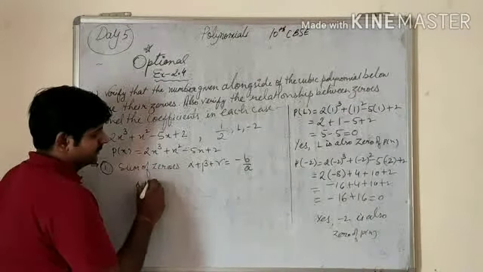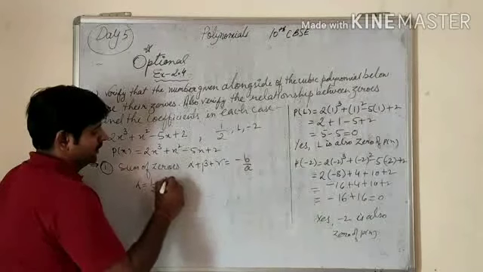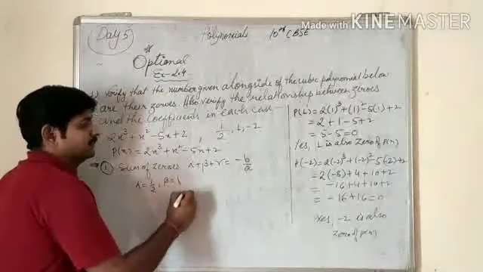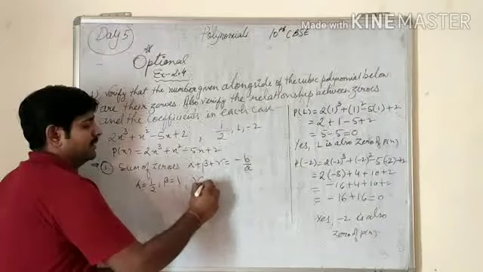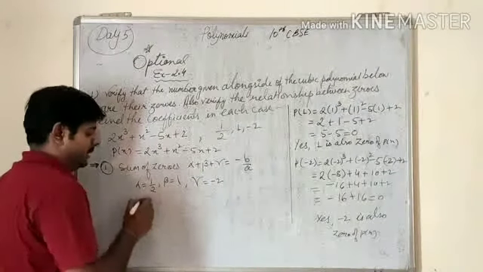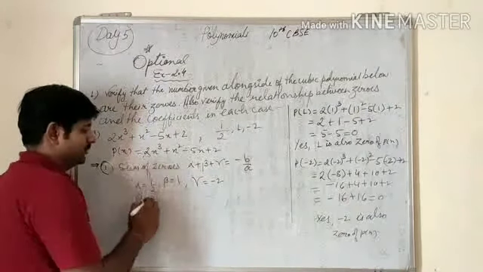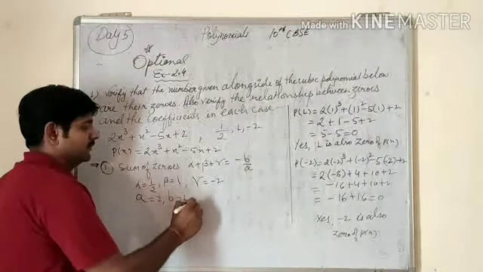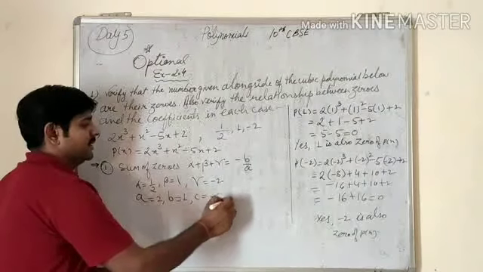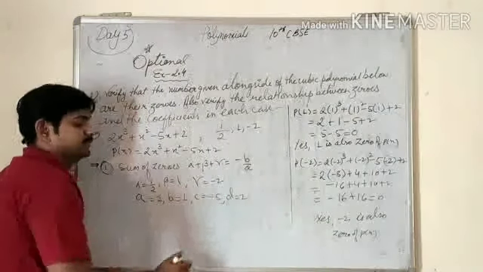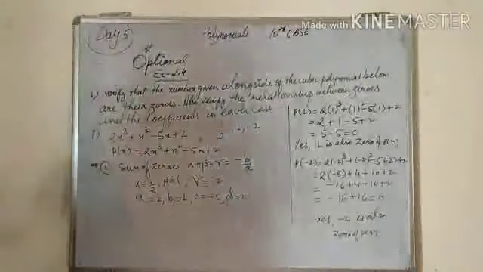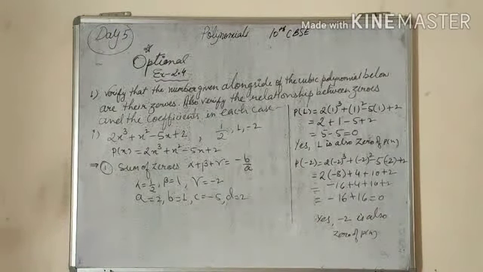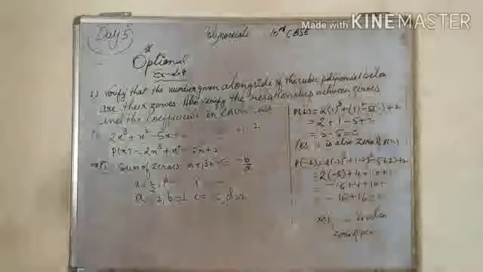Alpha is 1 upon 2, beta is 1, and gamma is minus 2. A is 2, B is 1, C is minus 5, and D is 2. These values we will apply in this formula.